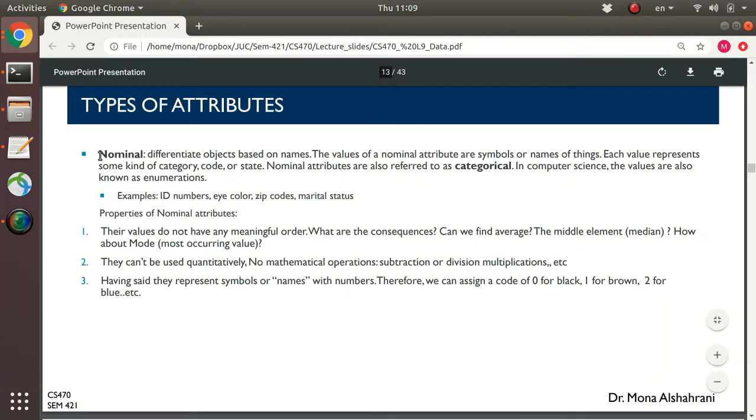One thing to note about nominal types of attributes is that because they represent symbols or names, or they could represent categorical values, they can then be assigned codes like 0, 1, 2 to refer to these categories.